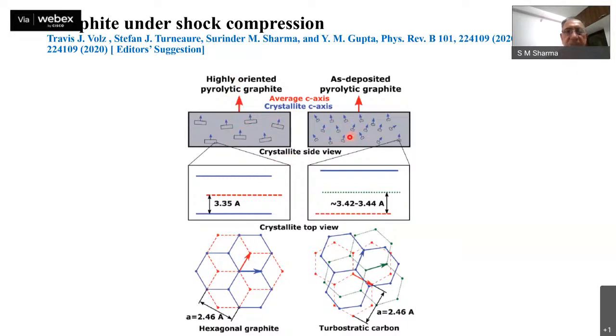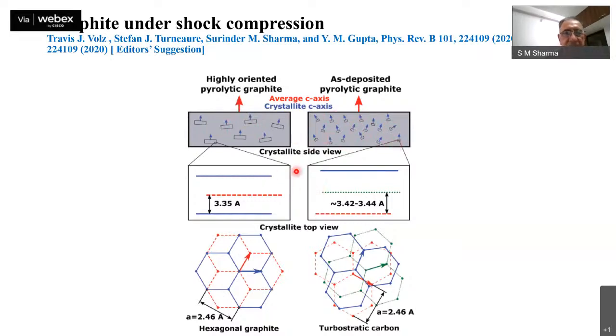The other extreme is as-deposited pyrolytic graphite, which is also commonly called pyrolytic graphite. In this case, the c-axis misorientation is rather large. You can see that this was only slight; on the other hand, here you can see a very large difference between various crystallites.